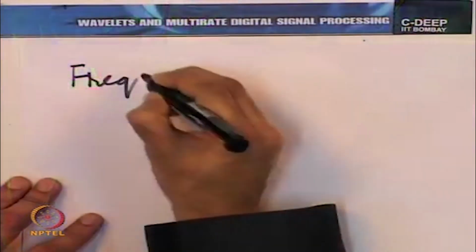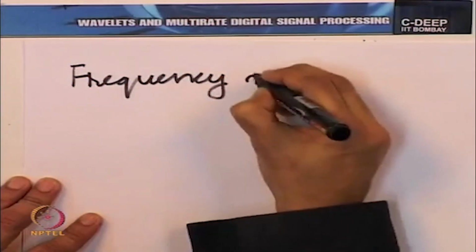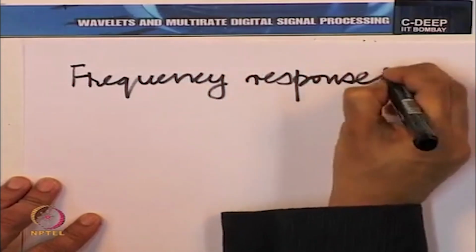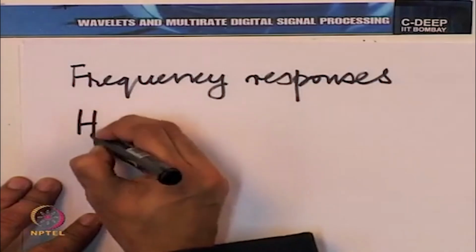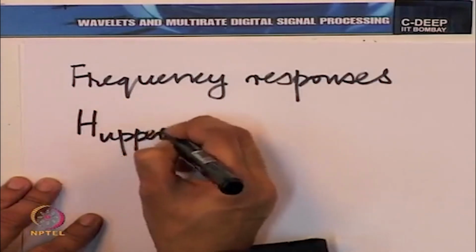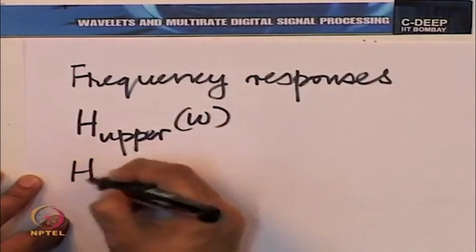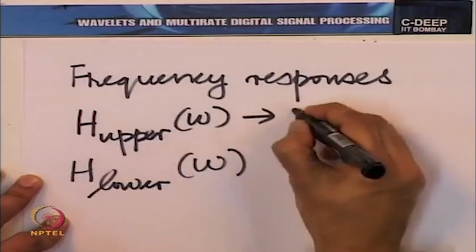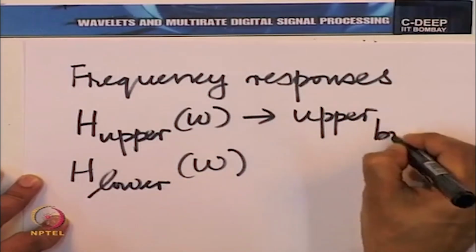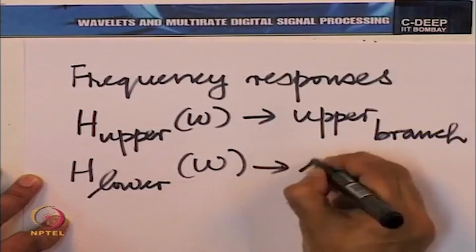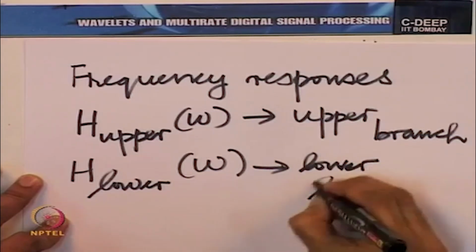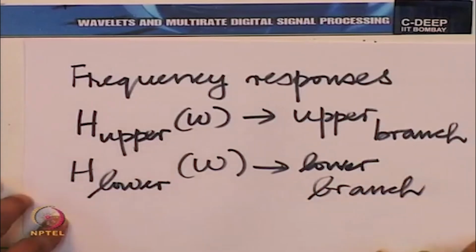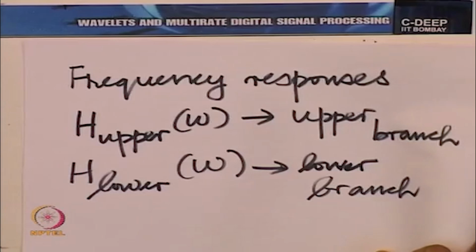So, if you call the frequency responses of the upper branch and lower branch respectively as H upper omega and H lower omega, then two properties are immediately satisfied.